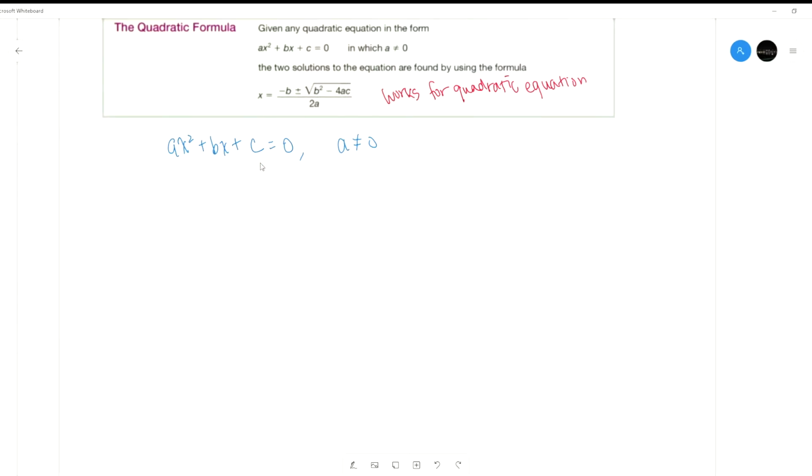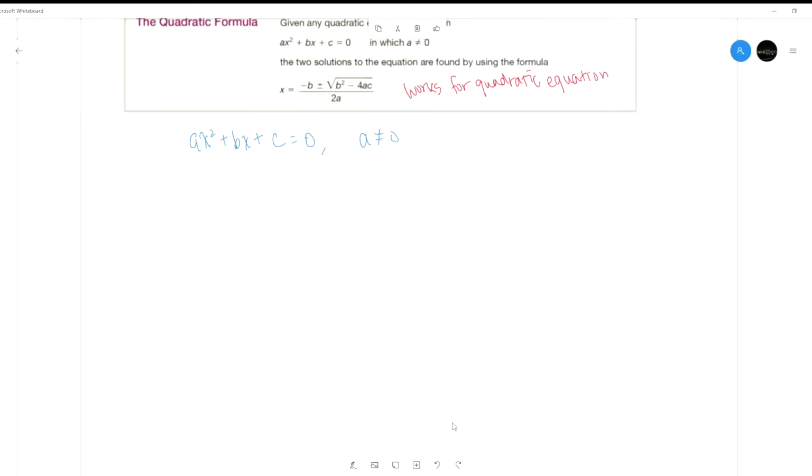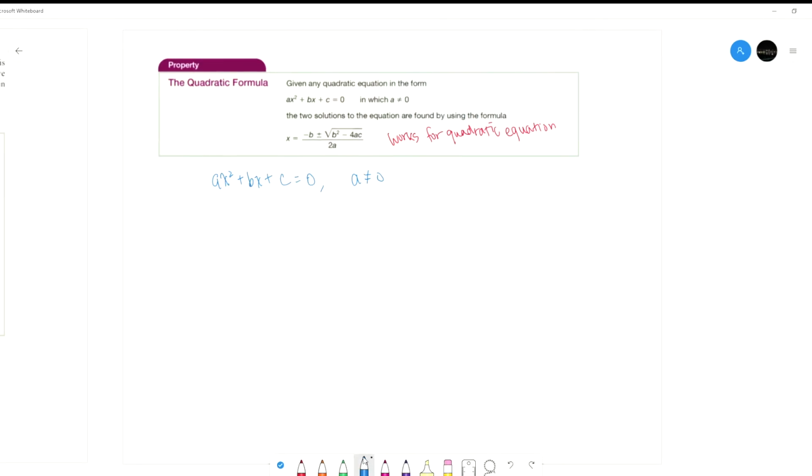Back when I did it, they actually quizzed us on it. But first, we move the constant term to the right-hand side, right? So that's our c. So we have ax squared plus bx is equal to, and we subtract c on both sides.